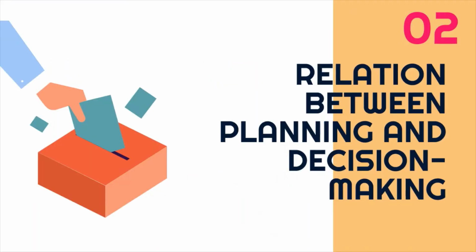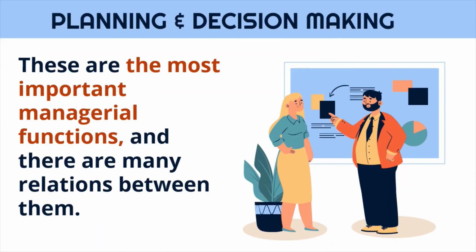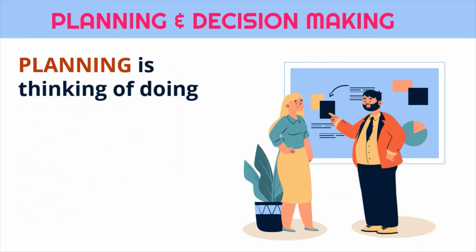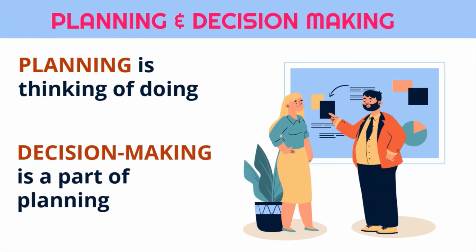So, we will talk about also the relationship between planning and decision making. Planning and decision making, these are the most important managerial functions, and there are many relations between them. Planning is thinking of doing. Decision making is a part of planning.